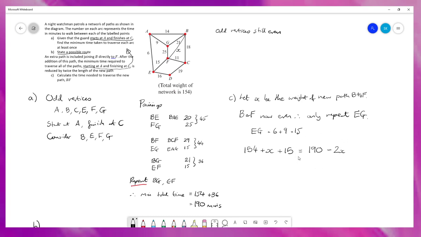And now this is just an equation to solve. 3x is 190 minus 169, which gives us 21. X is 7.